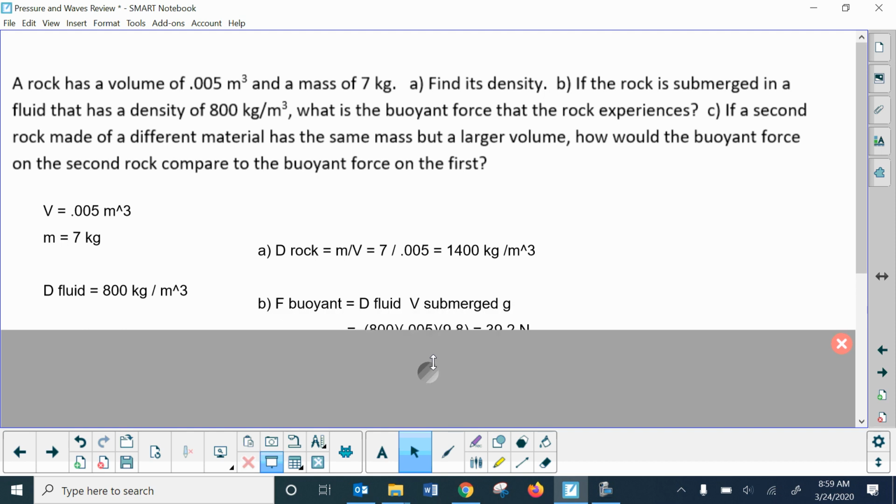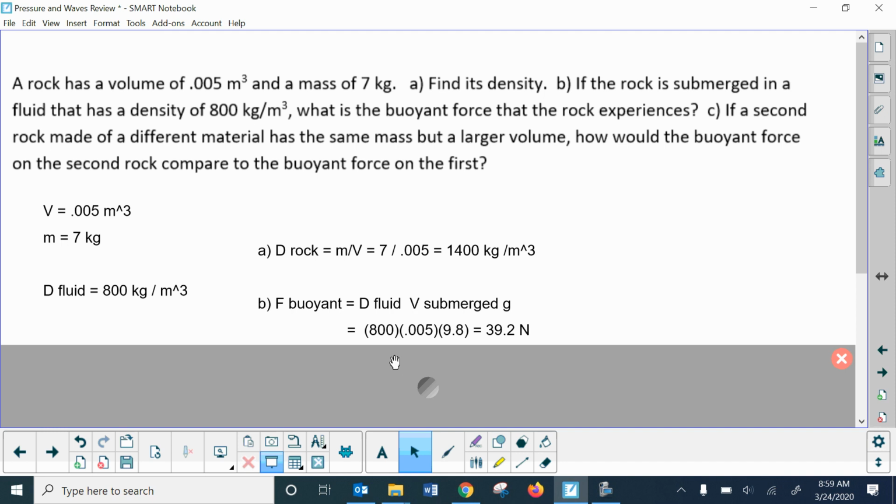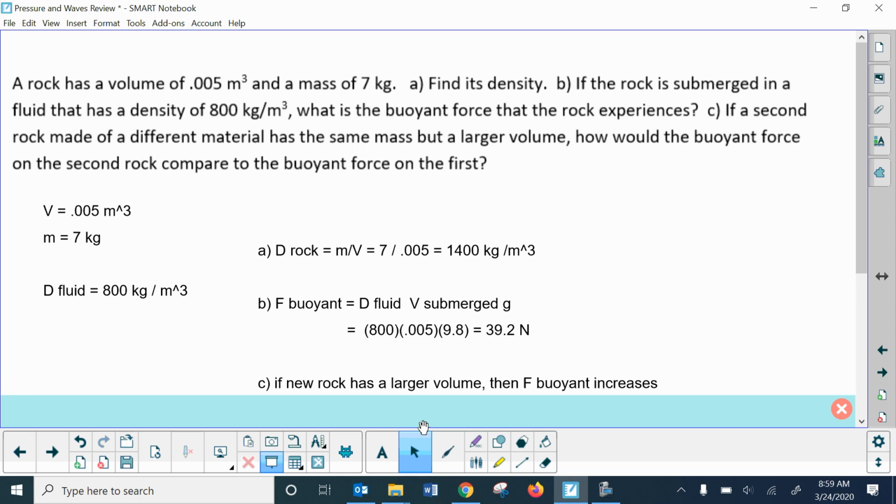To find the buoyant force, you got to use the buoyant force equation, which is the density of the fluid that it's in, the volume that's submerged times g for the acceleration due to gravity. So it's going to be 800 times that 0.005 times 9.8. So when you do that, you get 39.2 newtons, and that's the buoyant force.